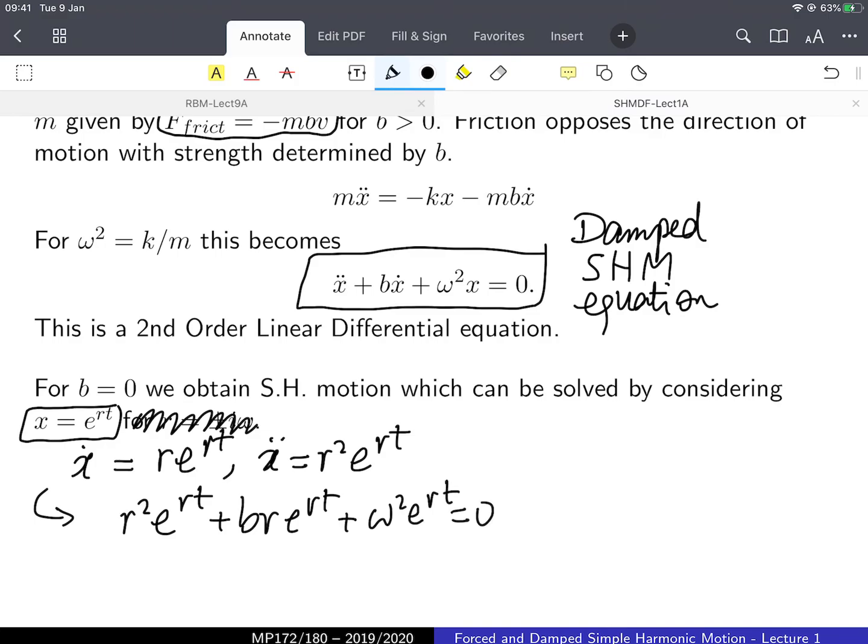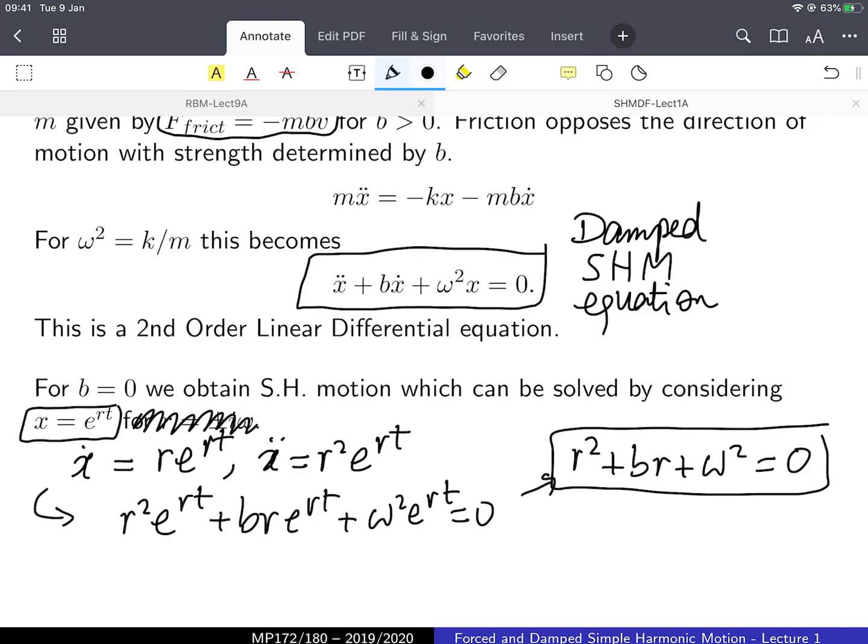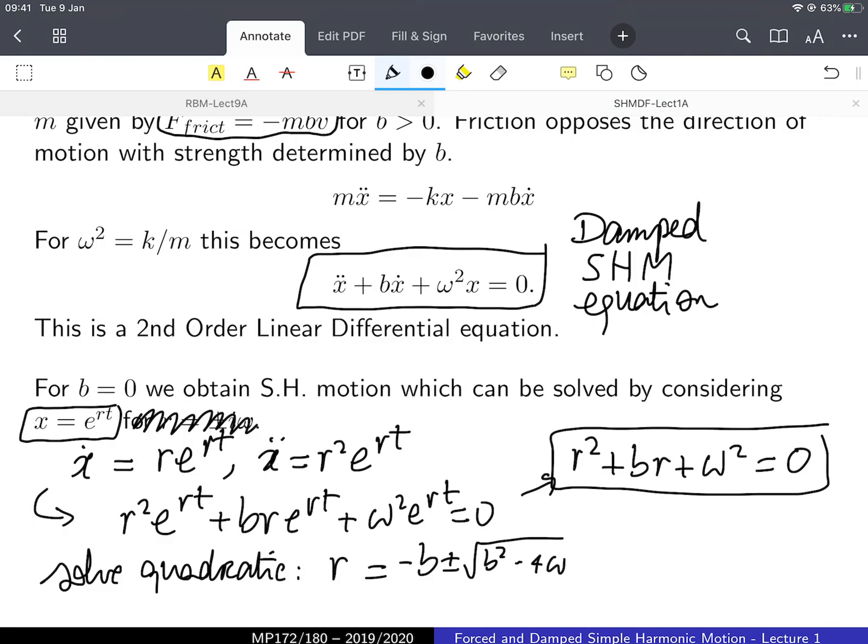I see I can divide across by e to the rt, and I end up with a quadratic. And then I know how to solve that. It's going to be r equals minus b plus or minus the square root of b squared minus 4 omega squared, over 2.